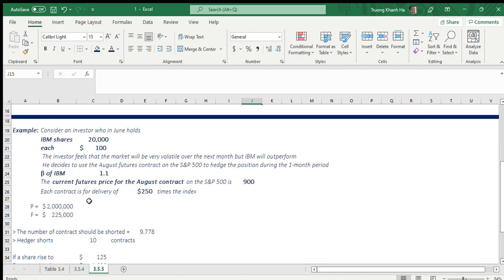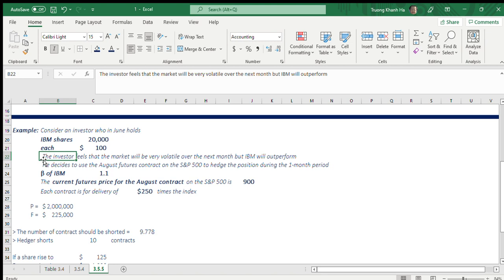And take a look at this example. Consider an investor who in June holds 20,000 IBM shares, and each share is valued at $100.